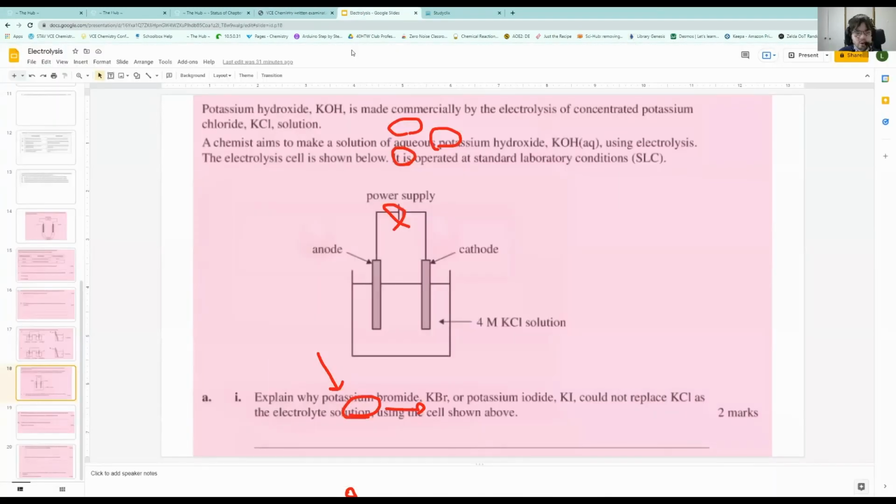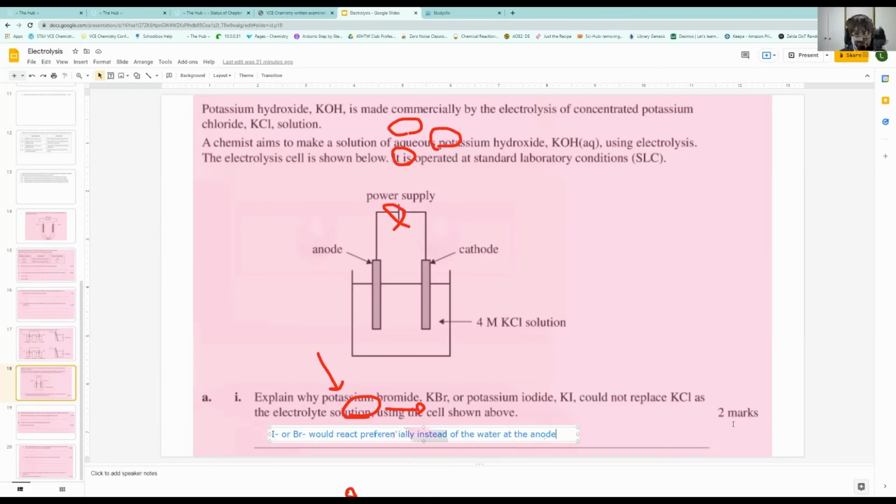So the reason here being iodide or bromide would react preferentially instead of the water at the, so we are having an oxidation there, so it's going to be the anode.